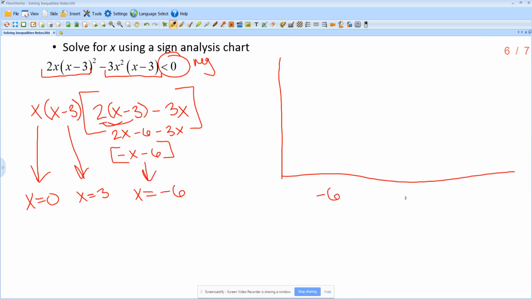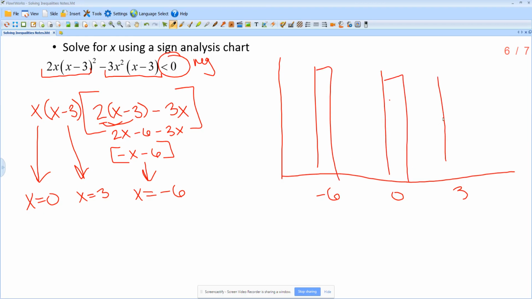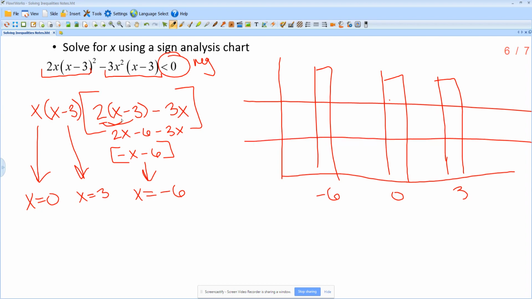I'm going from negative 6 to 0 to 3. So I've got 3 columns and 3 rows. Each factor: x, x minus 3, negative x minus 6. I put in my zeros, so 0 zeros out x, 3 zeros out x minus 3, negative 6 zeros out negative x minus 6.